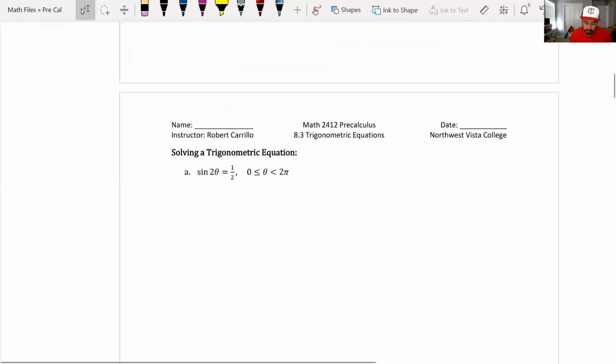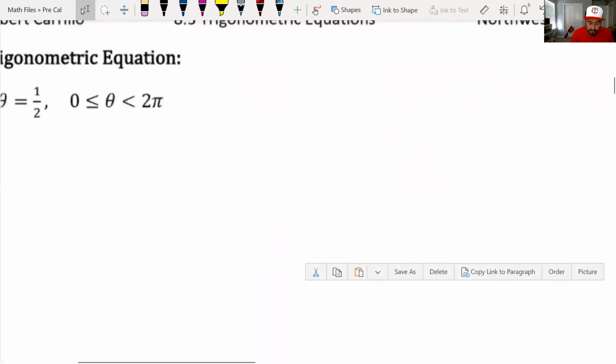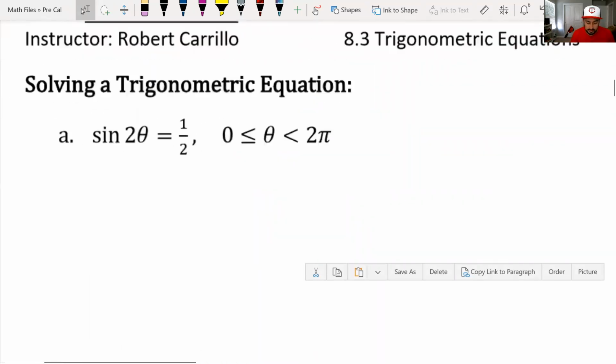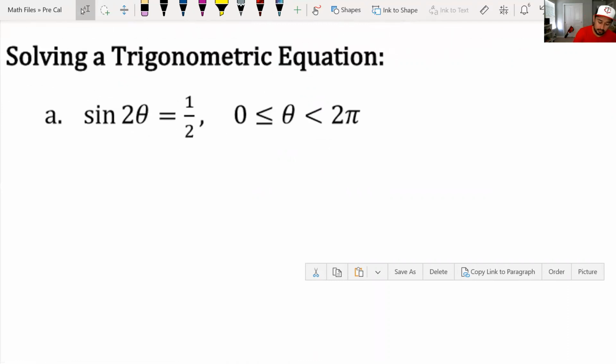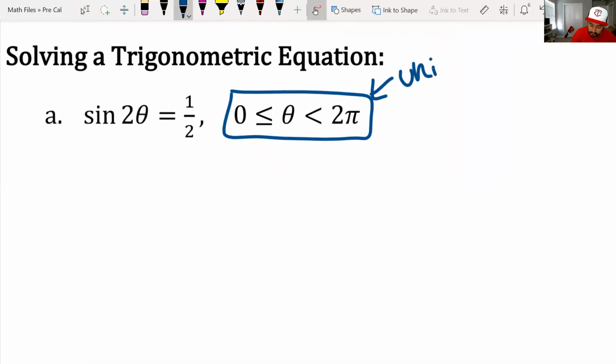Now we want to solve these trig equations by using the general solution, but this time we were nice and we only want solutions within the unit circle, 0 to 2 pi, right? That's the unit circle. Okay, so we handle this like we did the last one. This is the sine of 2 theta.